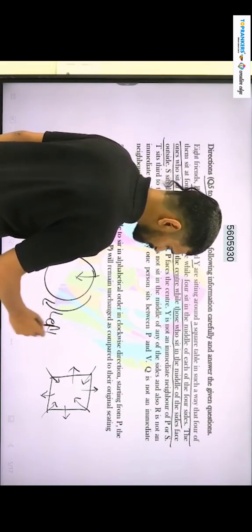See, if I am facing the center and if I move clockwise, I'll be moving towards my left.